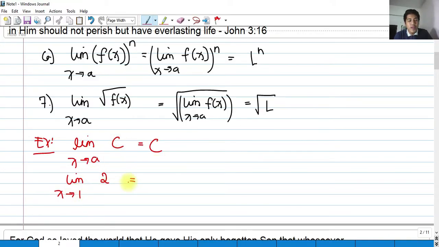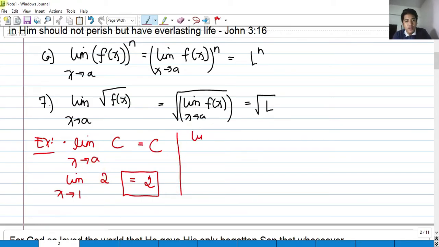Notice that there is no x term here. By property number 1, whenever we evaluate the limit of a constant, that is equal to the constant itself, which is 2. That's for number 1.